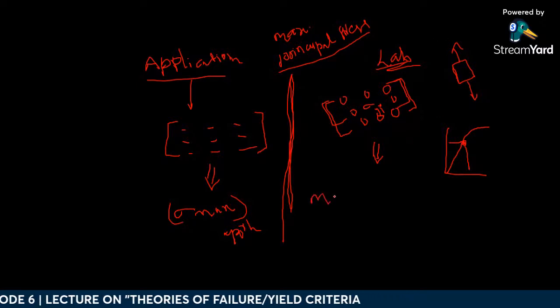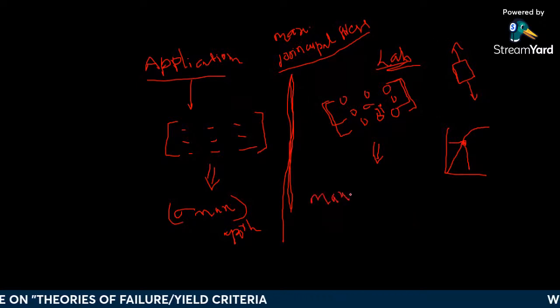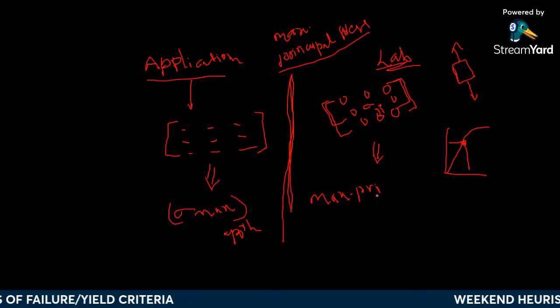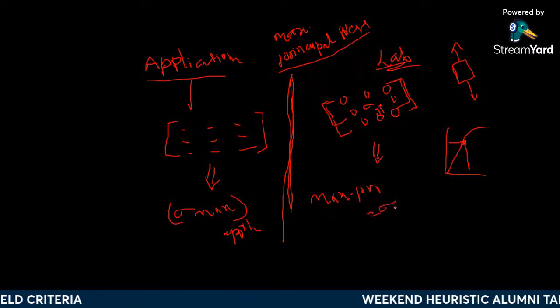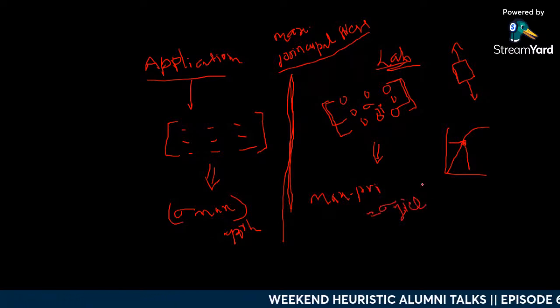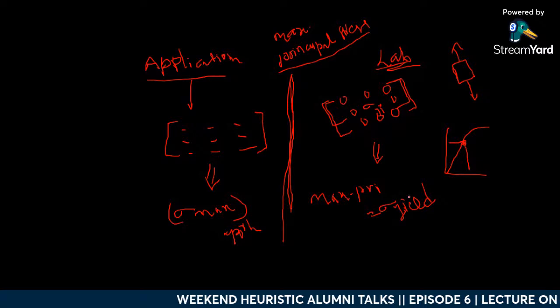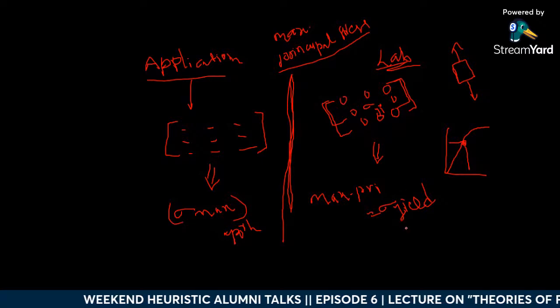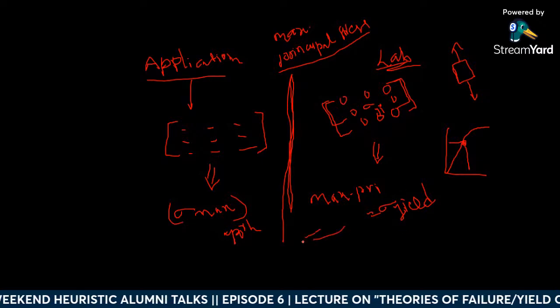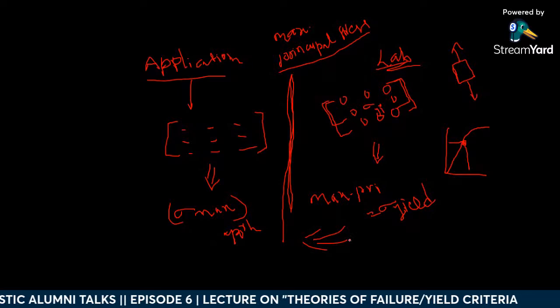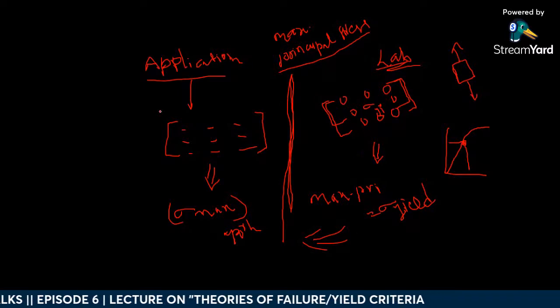What is the maximum principal stress here? Sigma yield. The yield point itself is the maximum principal stress. So now how do you give this result? How do you frame the final conclusion? What do you suggest to your customer?